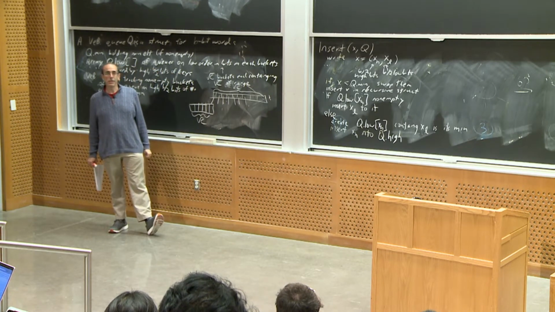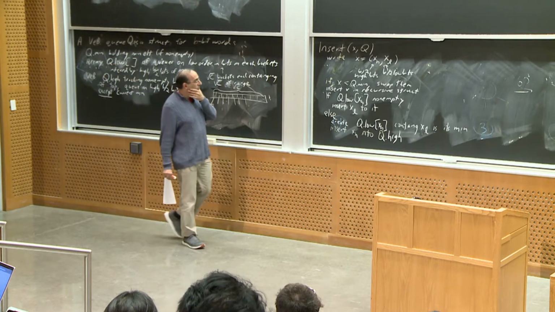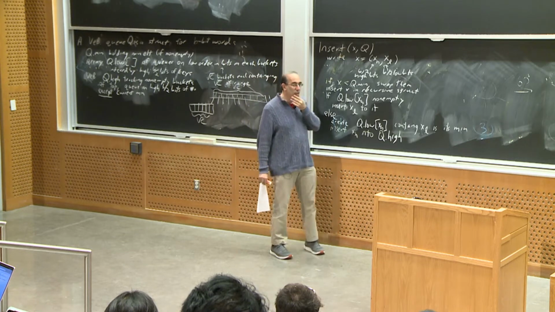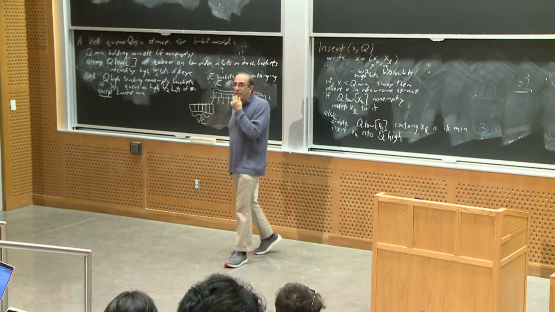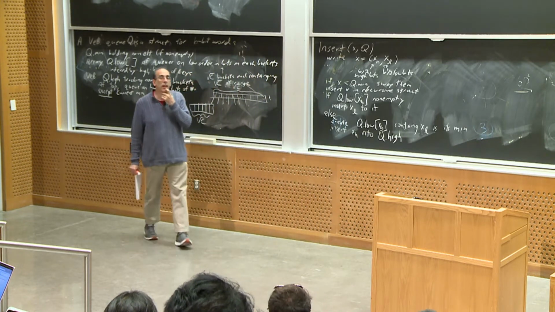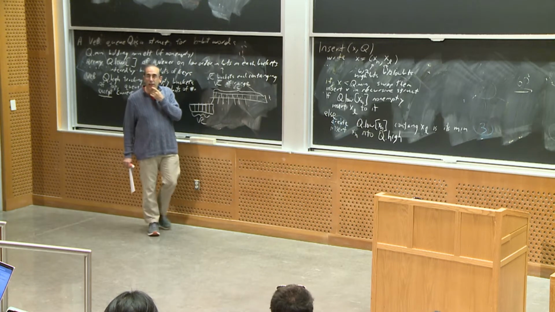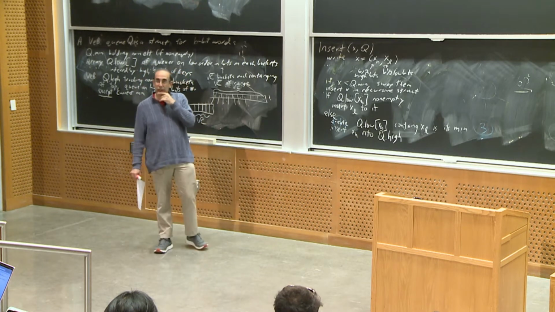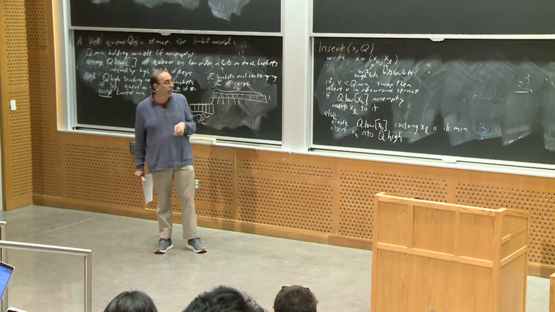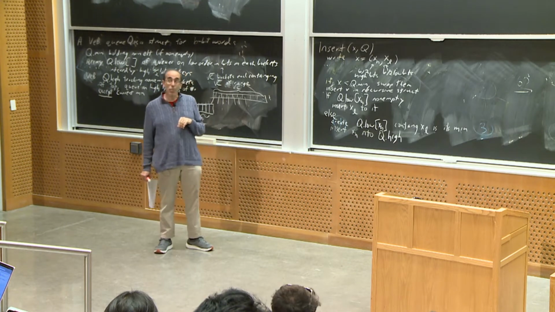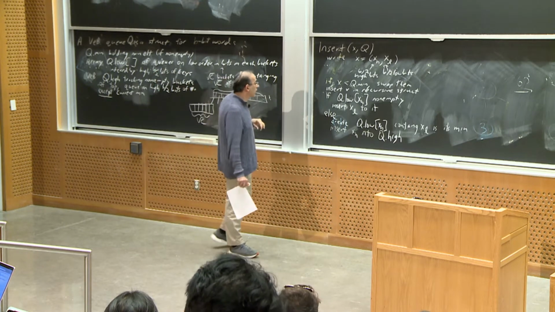Any other questions? Okay, so my question is, what's the runtime of this insertion operation? Okay. So let me start by leading you down the wrong path so you can correct me, right?